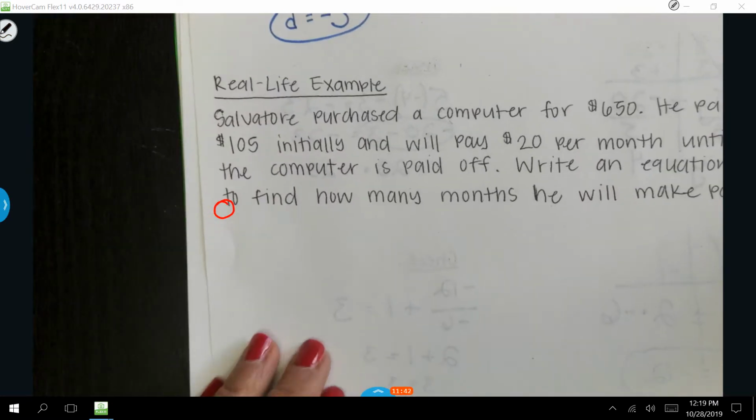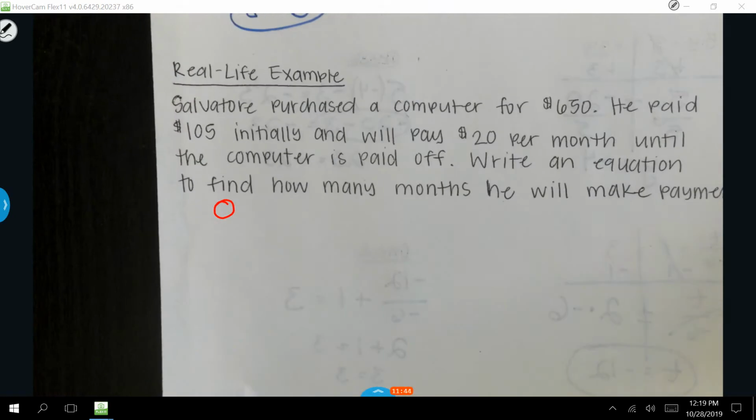Salvador purchased a computer for $650, which is actually pretty cheap for a computer. I don't know, like, how much are those MacBooks now? $1,200? I think iPads can cost $1,200 now. Your phones are all about $1,000.